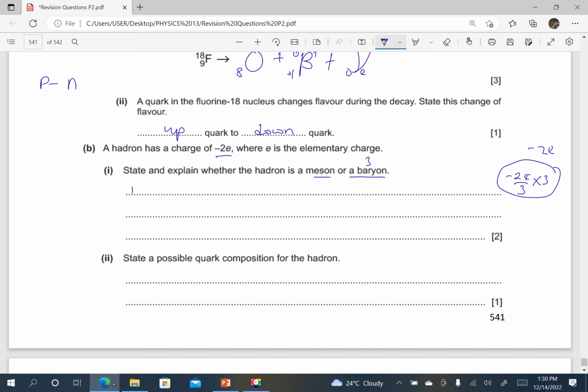So mesons can only have a charge of 0, positive or -1e. So the hadron is a baryon.